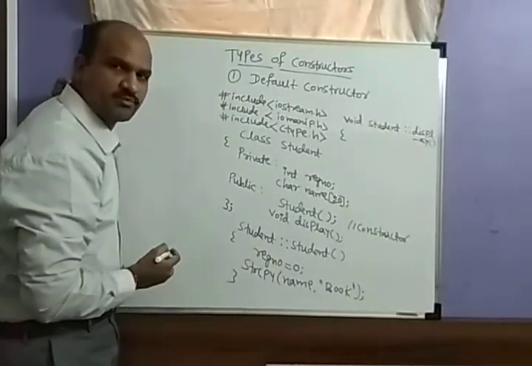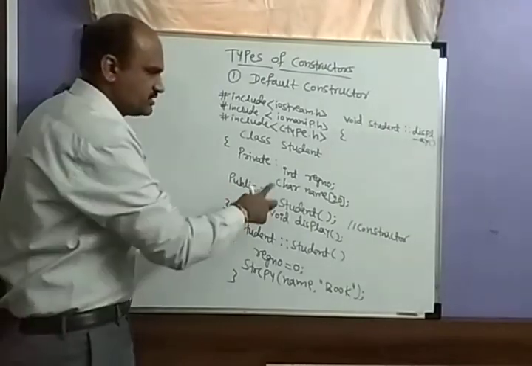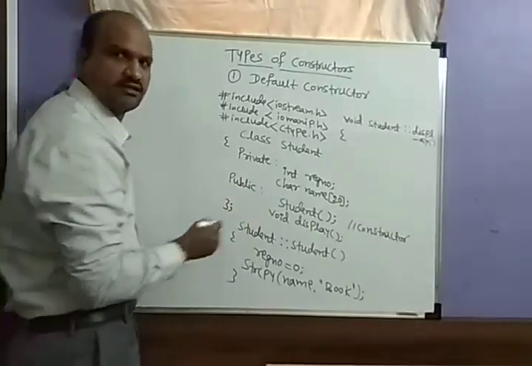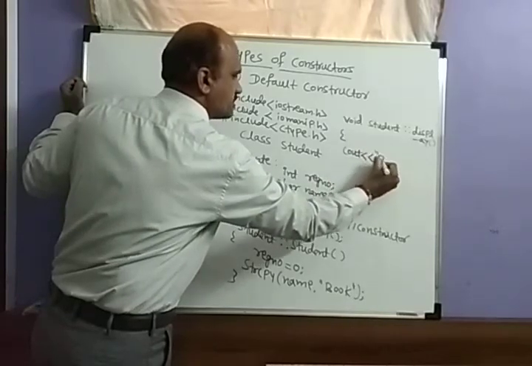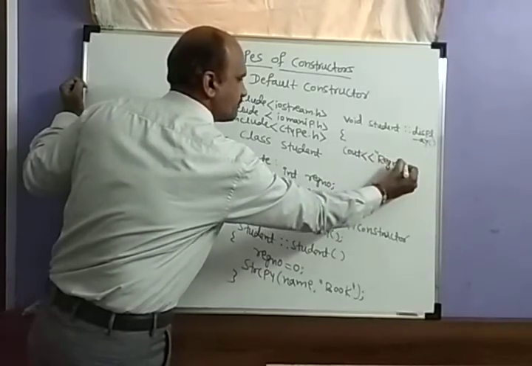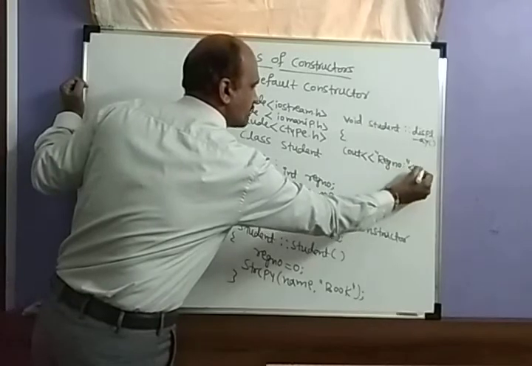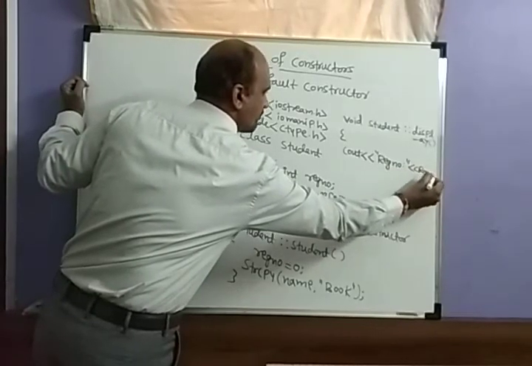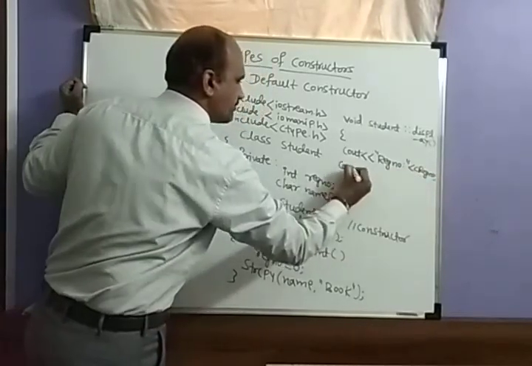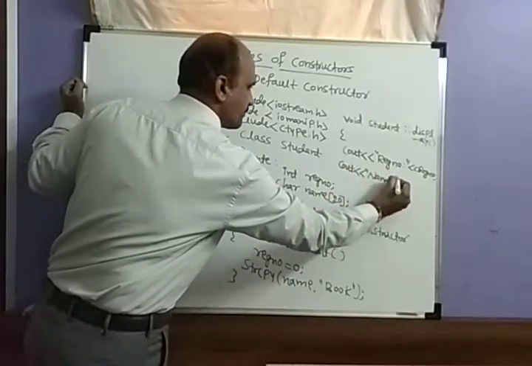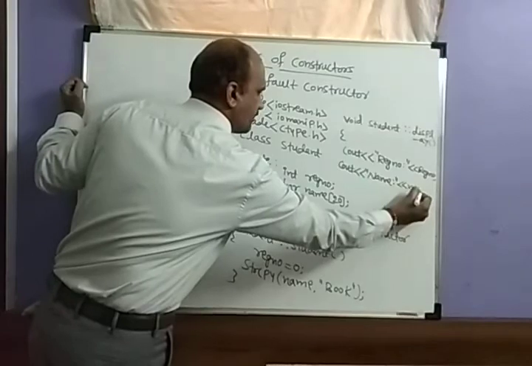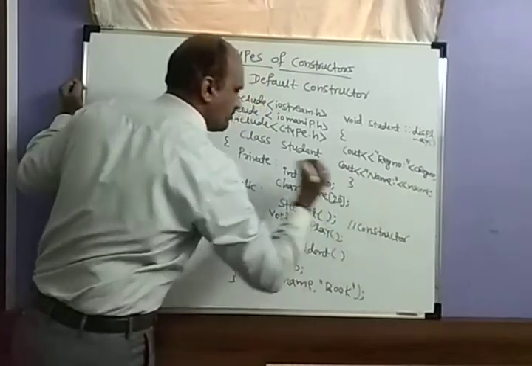So here we are printing two things, that is the register number and the name. See, cout register number, that is reg number. Then we are printing another one, that is the name. Close the brace.